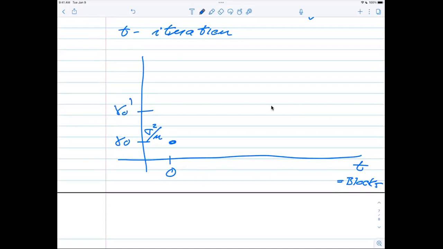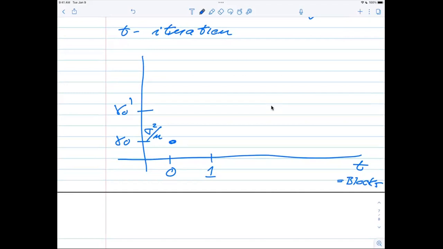And this is now given by 1 here. So we have t equal to 1. And in that case, we are evaluating this point here, which is given by 1/2 of gamma 0 plus 1/2 of gamma 1. And that gives us a new point. And then we would continue with these operations till this quantity here now stabilizes and flattens out.